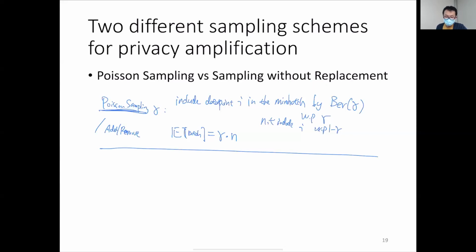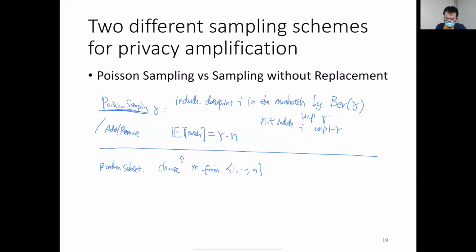Another type of more commonly used sampling scheme in machine learning is called sampling without replacement, or random subset sampling. This basically chooses any subset of size m from 1 to n.